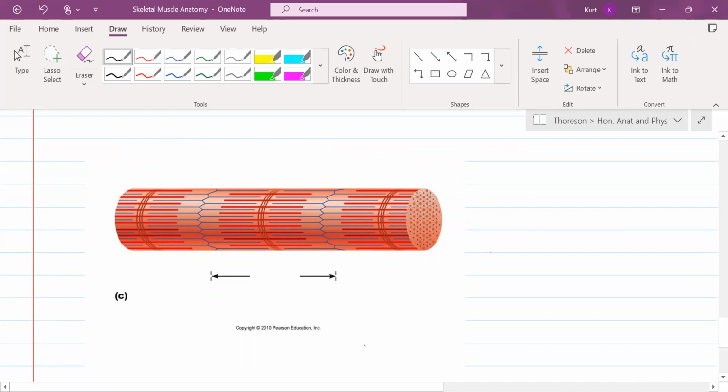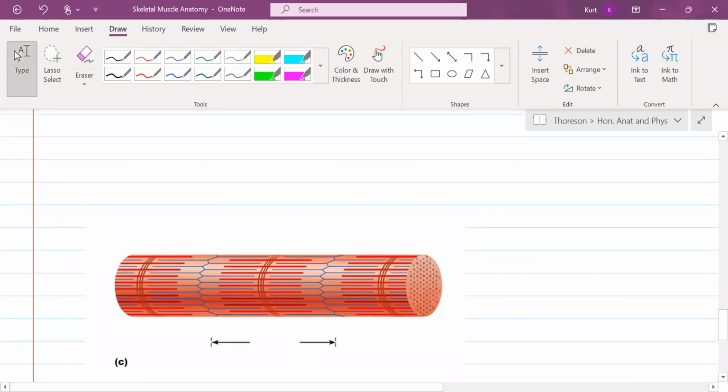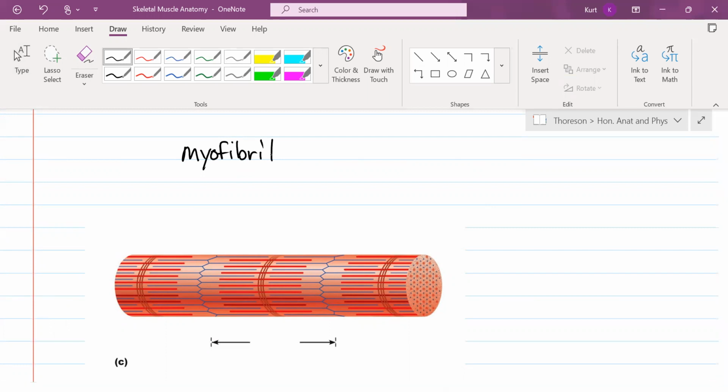This is a myofibril, okay? It's a rod within a muscle fiber, which is inside a fascicle, which is inside a muscle itself. These blue lines, like right here, are called actin filaments.